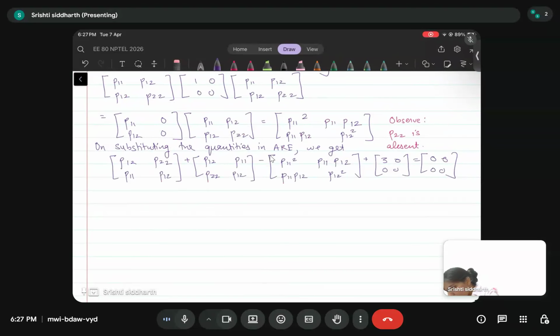Okay, so equation 1 is 2P12 minus P11 square plus 3 equals 0, or P11 square minus 2P12 plus 3 equals 0. This is equation 1. Then we have P22 plus P11 minus P11 P12 equals 0.